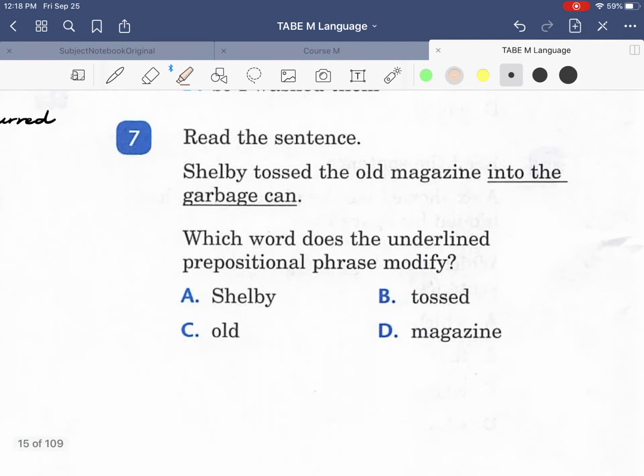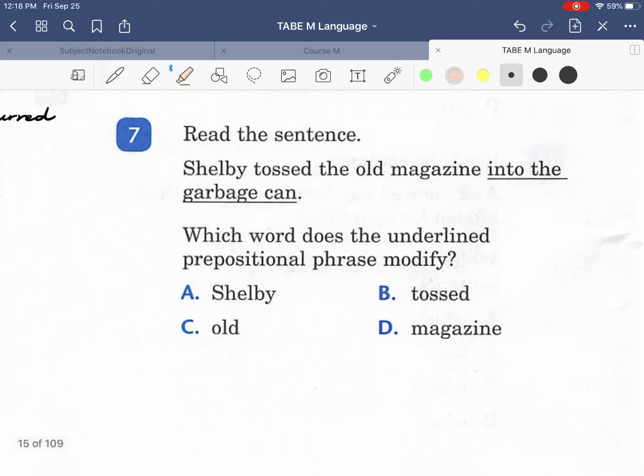Number 7. Read the sentence. Shelby tossed the old magazine into the garbage can. So the prepositional phrase is already marked for you. Think of that. Where can a mouse go? Into the garbage can. Which word does the prepositional phrase modify?